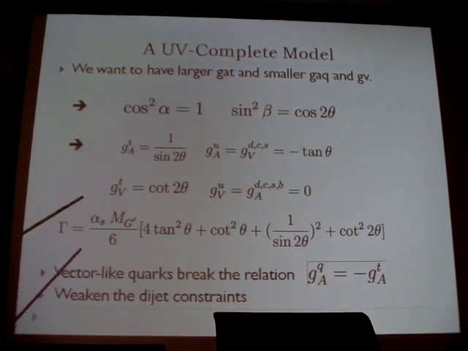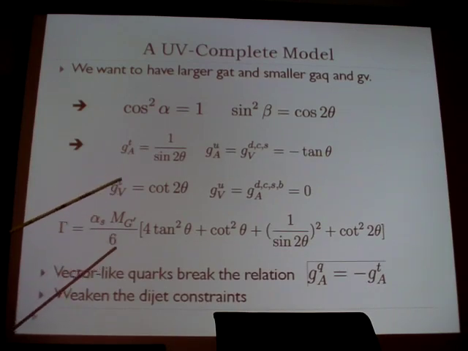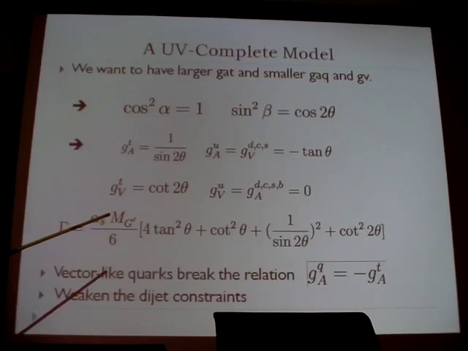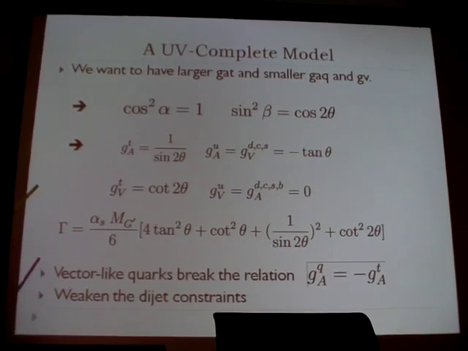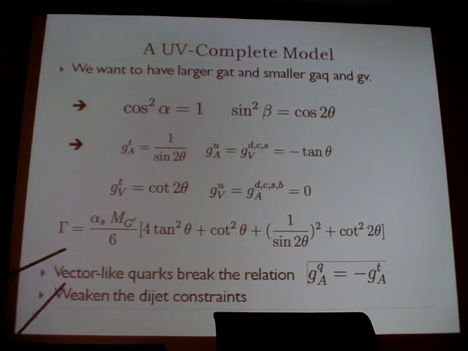The first condition is we want g_A^Q times g_A^T to be as large as possible, and we also want g_V^Q and g_V^T to be as small as possible. And we also want g_A^Q to be smaller and g_A^T to be larger. Morally speaking, you just maximize the asymmetry while losing the dijet resonance constraint.